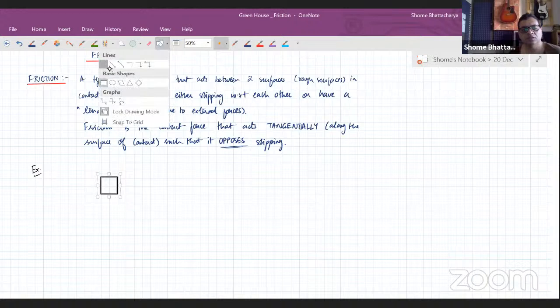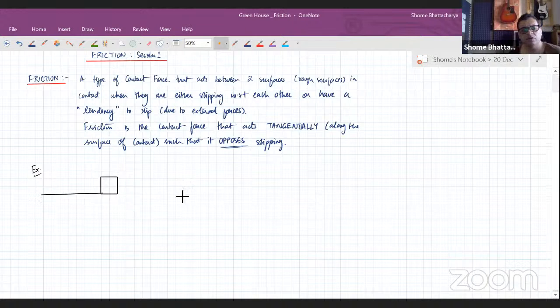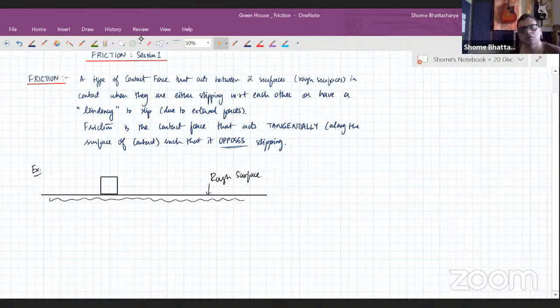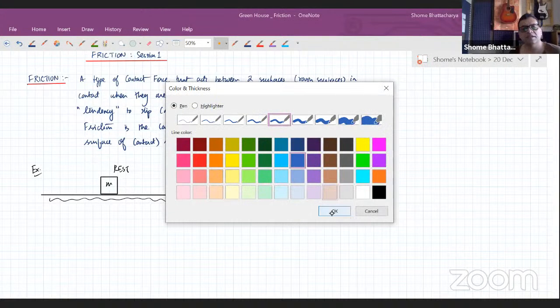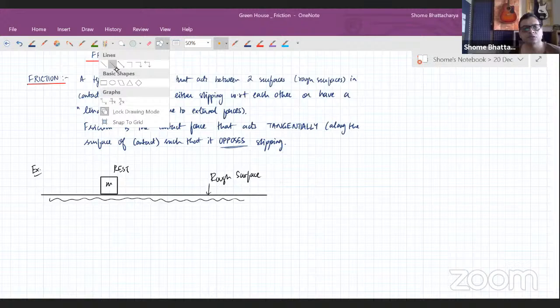Like I mentioned earlier, you can have, for example, a rough concrete surface, and on that surface you have placed a block made of whatever, let's say a wooden block. So this is a rough surface. And a block of mass m is placed at rest initially. Now we are trying to make it slide with the application of some force.